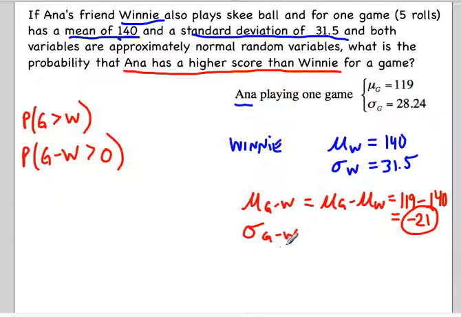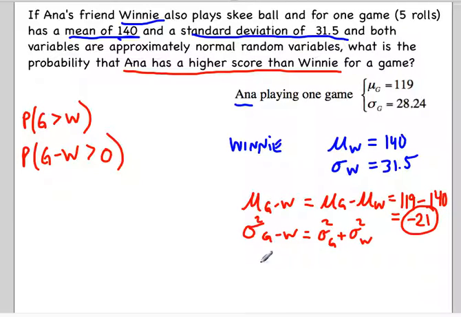All right, now for the standard deviation. Remember that when you are subtracting random variables, you still add the variances. Okay, so let's deal with the variance first. We are going to add the variances. That was that weird rule that even though you're subtracting, you still add the variances.